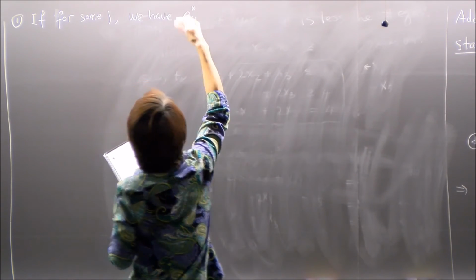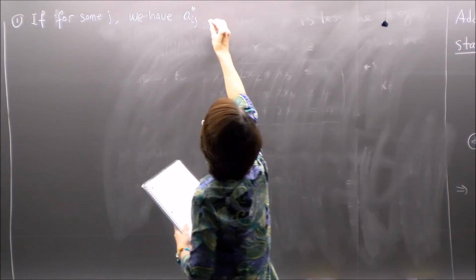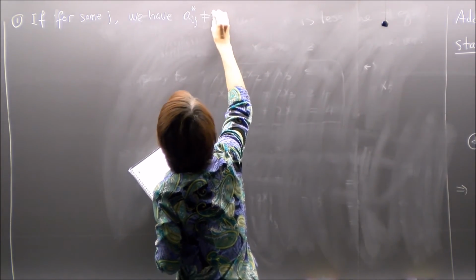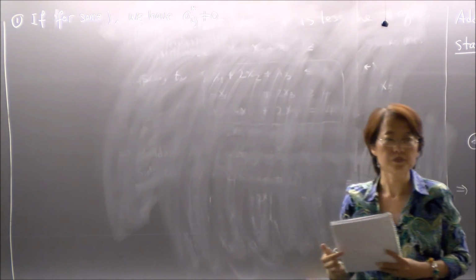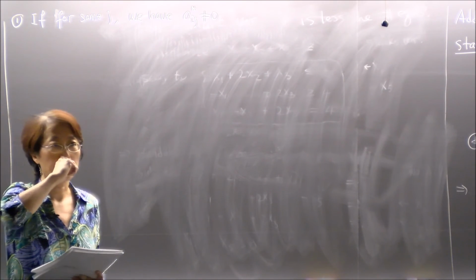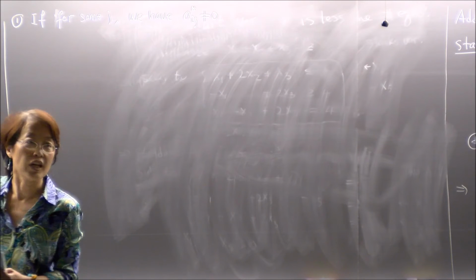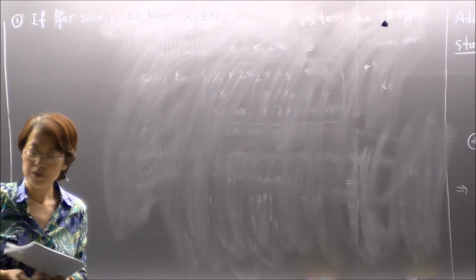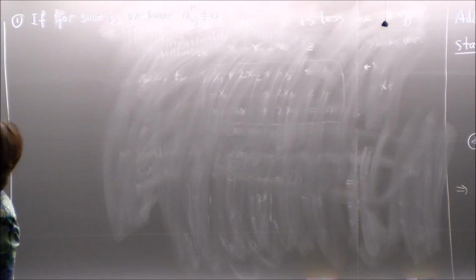I put a star, meaning this is the pivot number, that does not equal 0. Let's say this one in front of xj is not 0. Then what do we do? In principle, this is not 0.